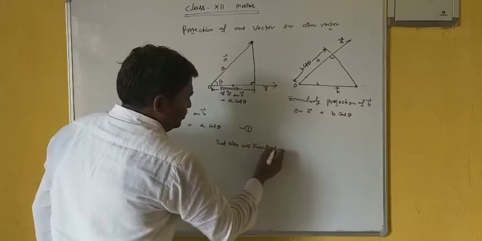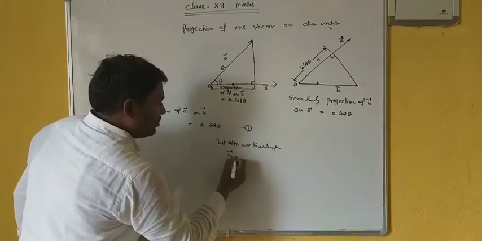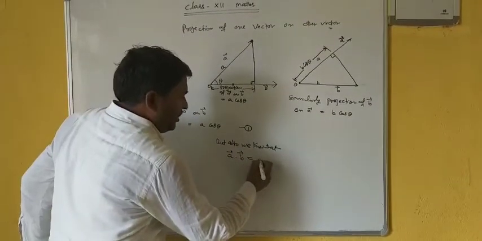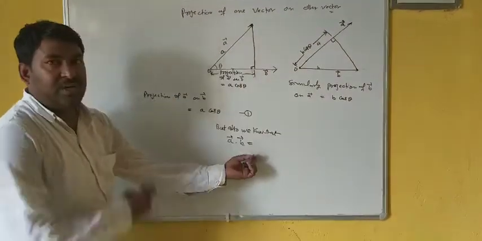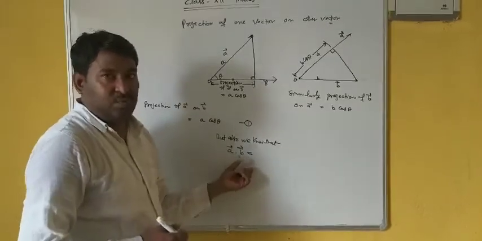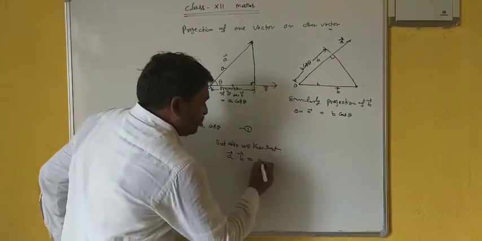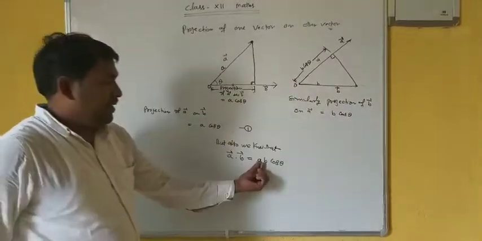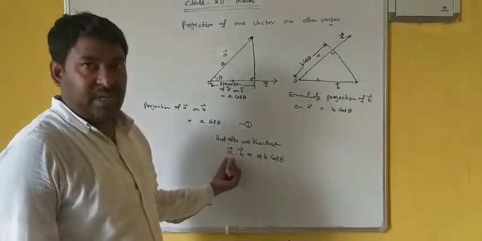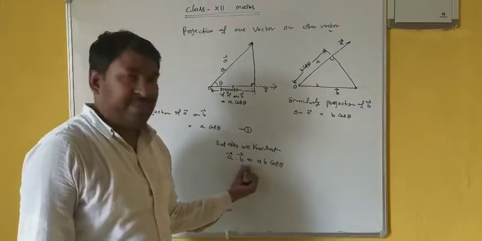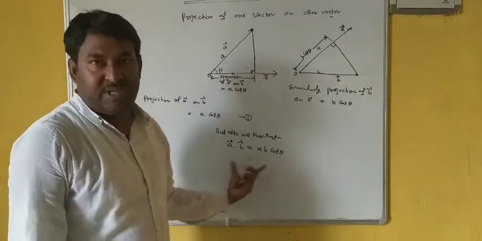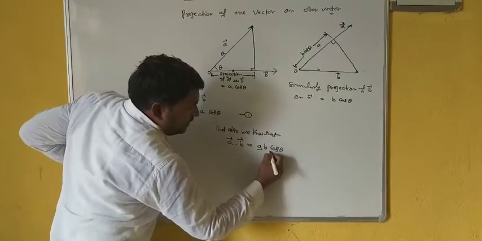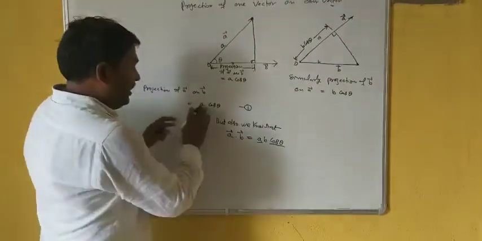But also we know by the dot product, as explained in my previous lecture on the dot product of two vectors, that A dot B is equal to A B cos theta. A is the magnitude of the first vector A, B is the magnitude of vector B, and theta is the angle between A and B. What you require is A cos theta.